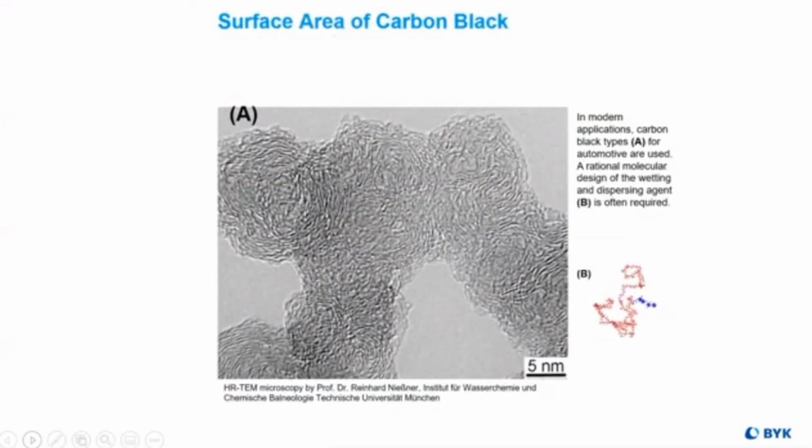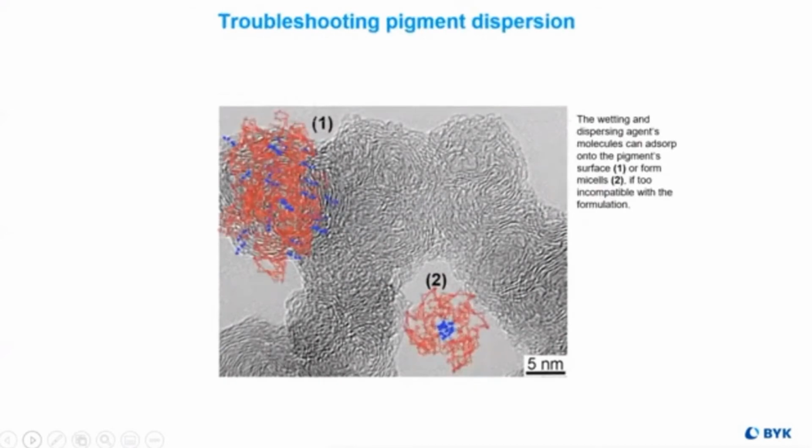This picture depicts the surface area of carbon black, and we will use this to define the concept of covering the surface area. There are normally two things that can happen when attempting to properly wet and disperse carbon black pigments. The first is not using enough of the additive for stabilization. Sure, it may give the illusion of viscosity reduction during the grind phase, but we also see problems long-term with storage stability and actual color development.